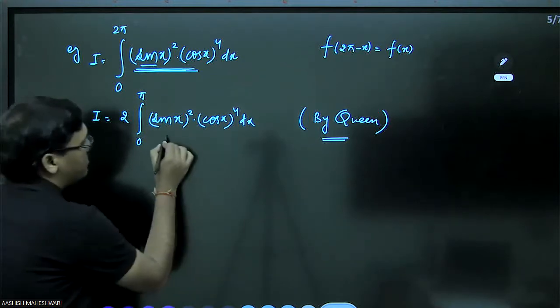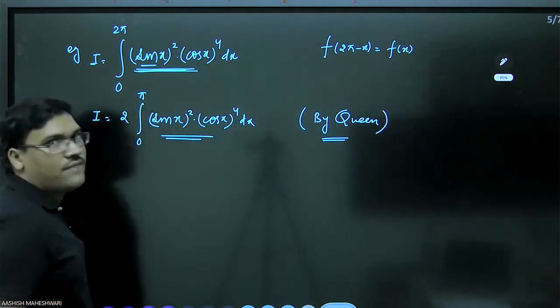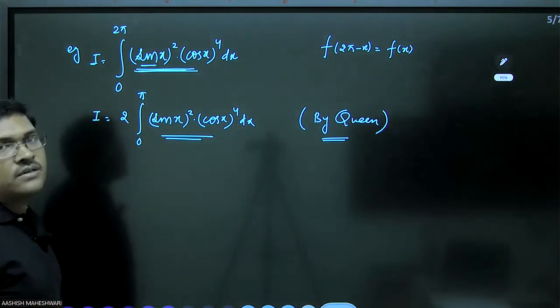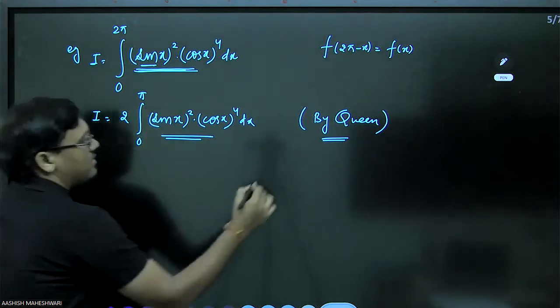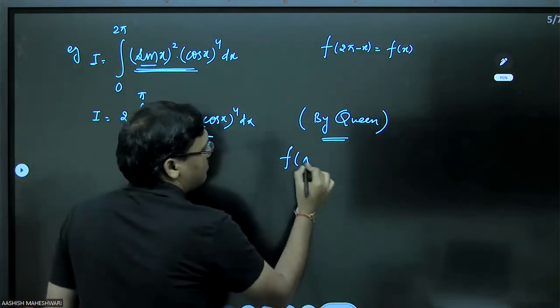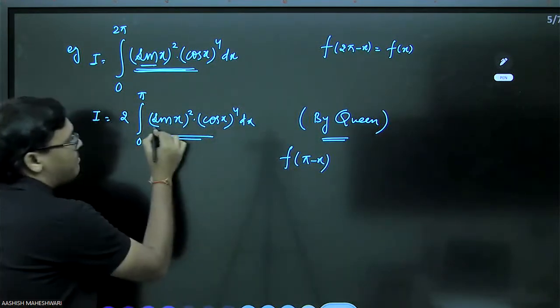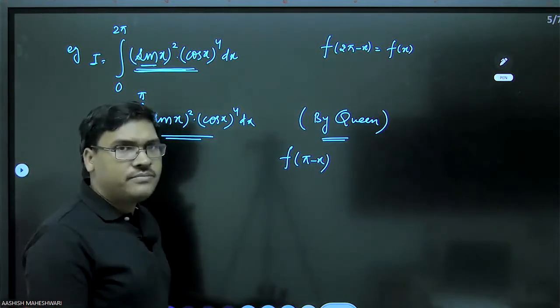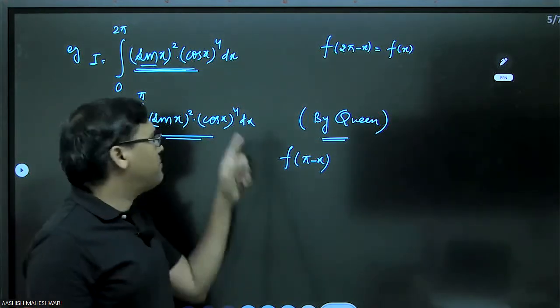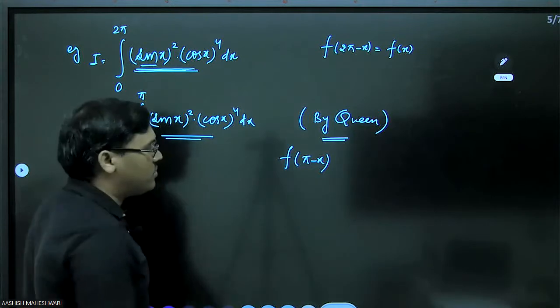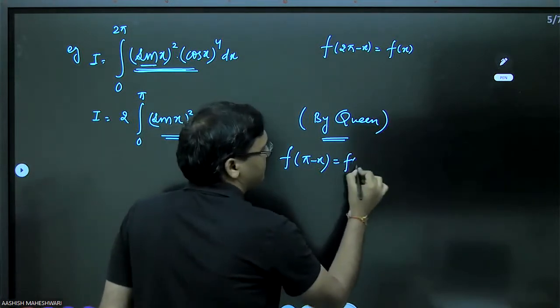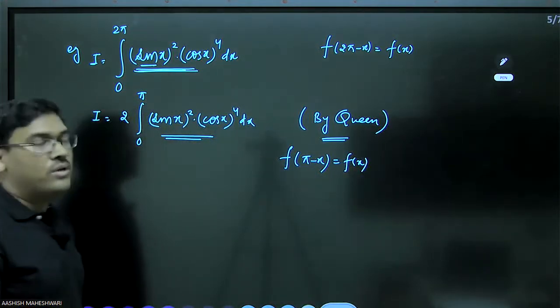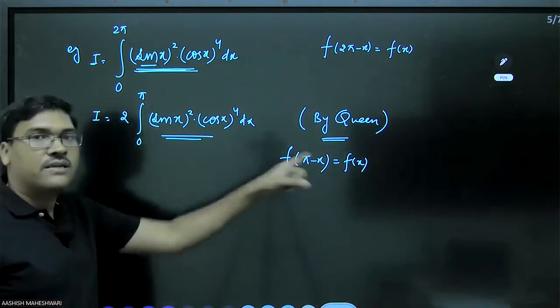Now again, if you observe here, you can see if I take this function as f of x and apply f of pi minus x, you can see sin of pi minus x is sin x, and cos of pi minus x is minus cos x, but powers are even, so nothing will change. So this will be equal to f of x only. So if you replace x with pi minus x, you are getting the same function.